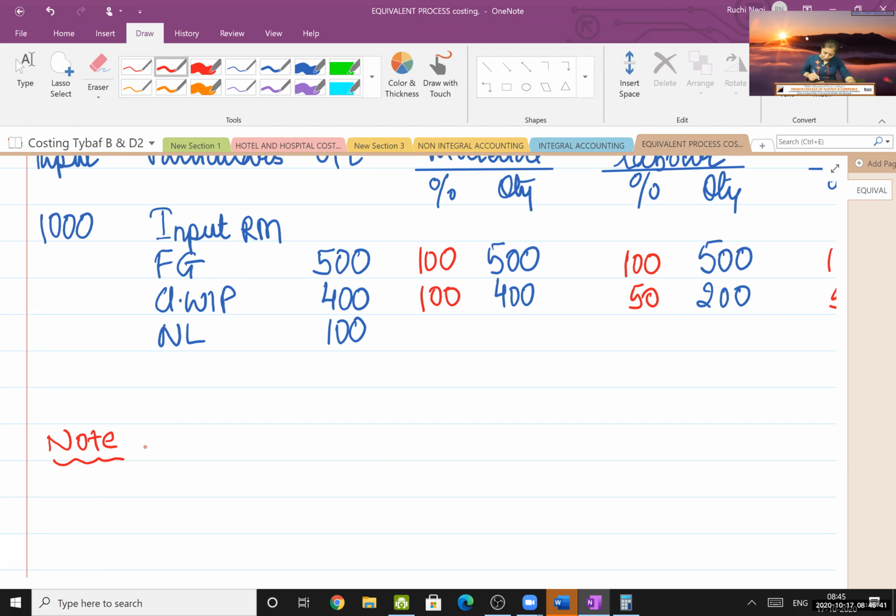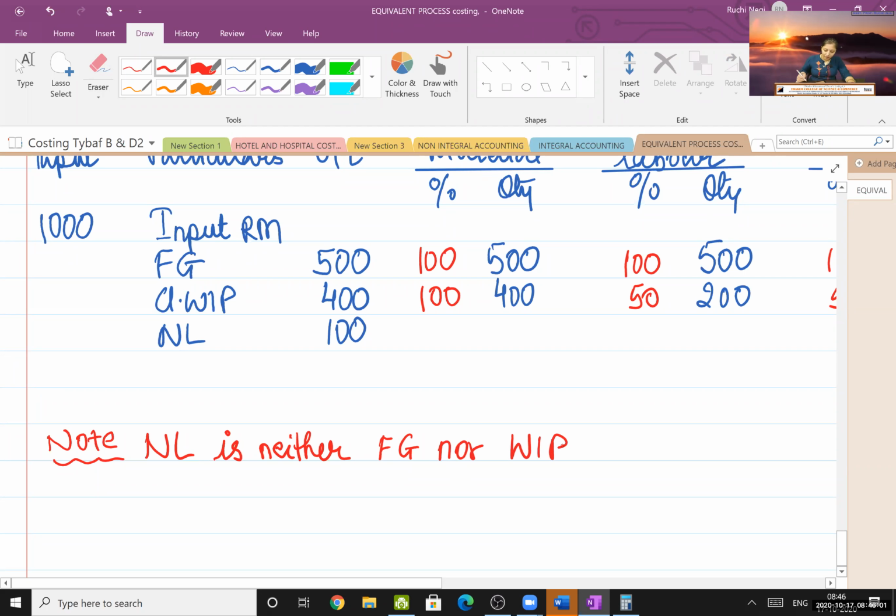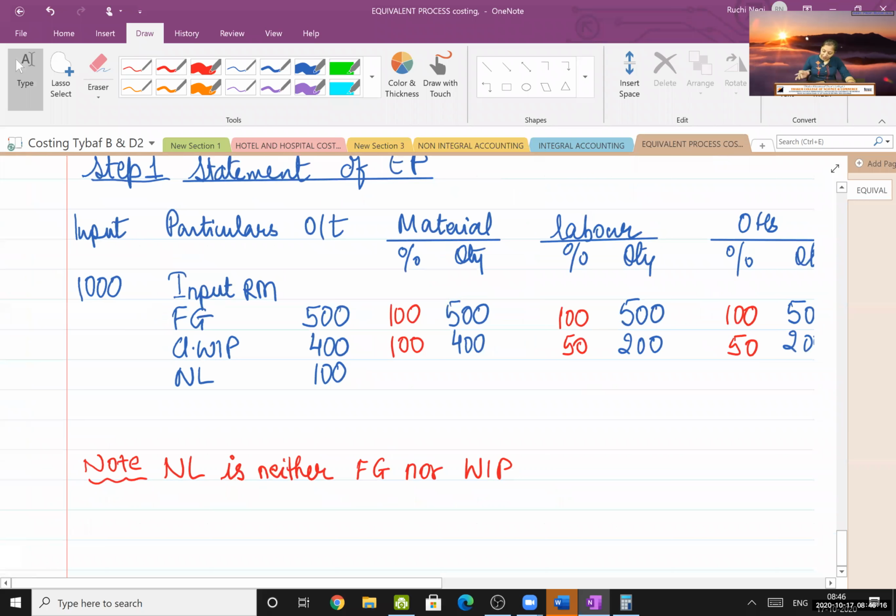Write down: normal loss is neither finished goods nor WIP. It is just taken for the purpose of the mathematical equation.